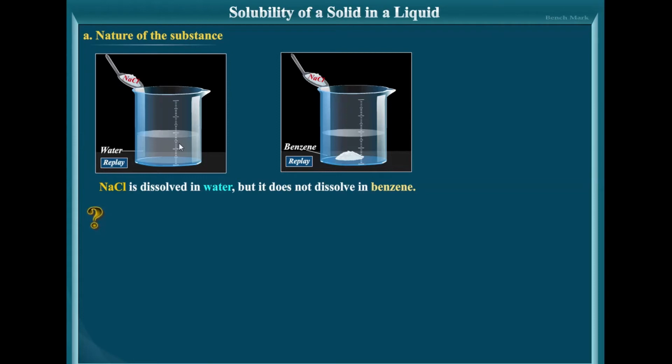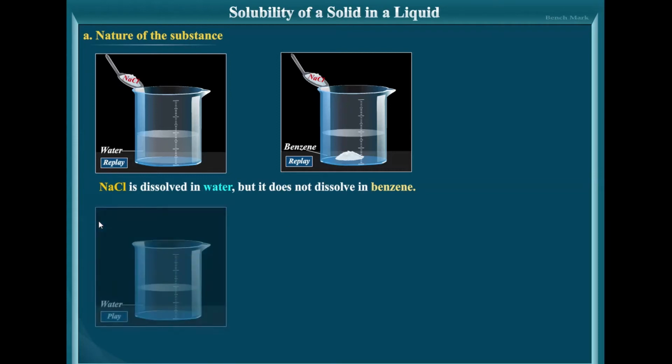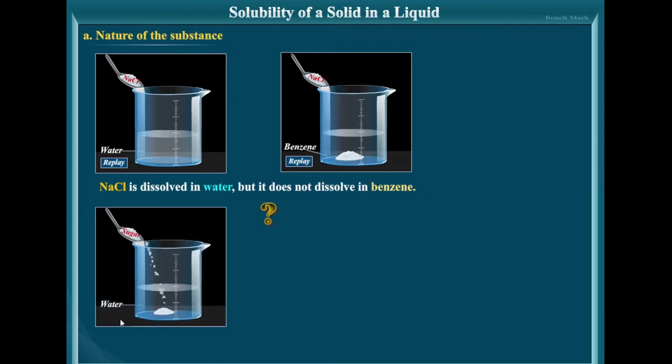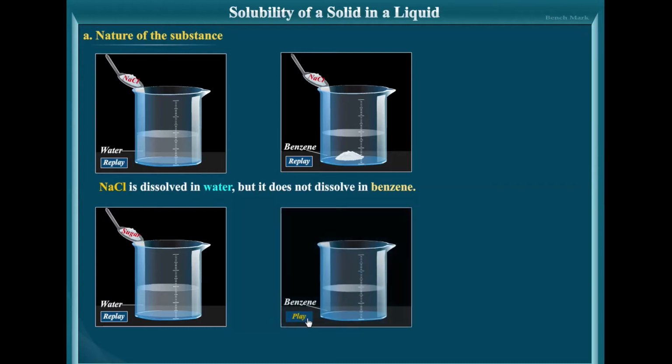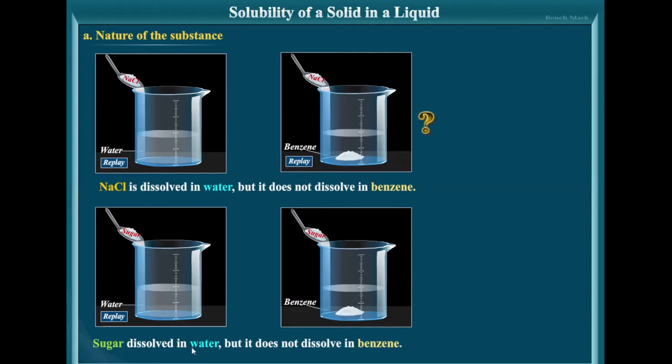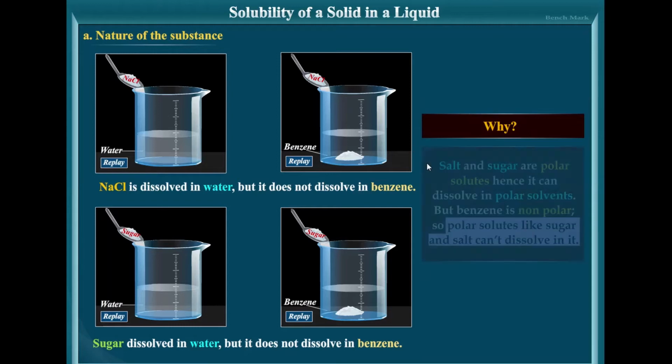That is, when you add sodium chloride to water, we all know naturally it will dissolve. But when it is added to benzene, it is not dissolving. Sodium chloride will not dissolve in benzene. Here again, sugar is added to water. We know sugar will surely dissolve. Second case, sugar is added to benzene, the same activity. So sugar dissolves in water, but it does not dissolve in benzene.